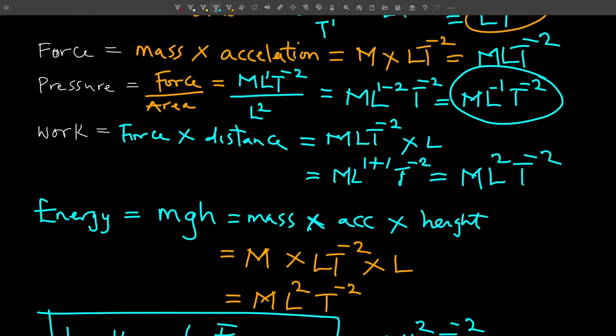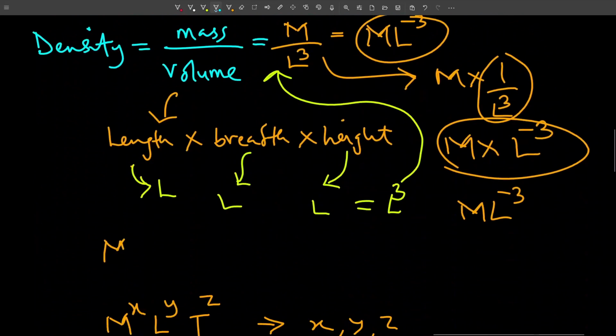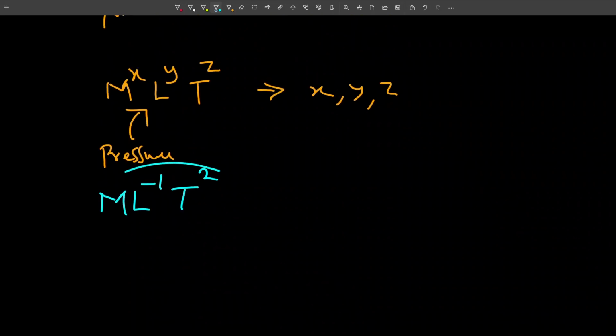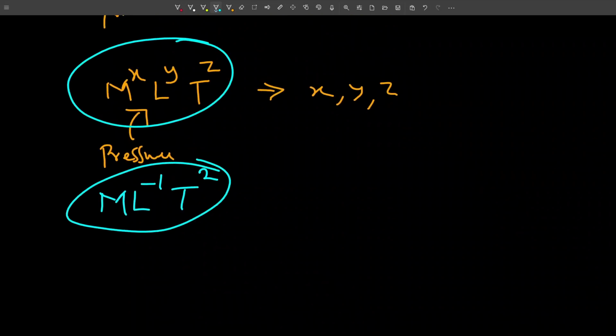Pressure. We got the dimension of pressure to be M L raised by minus 1, T raised by minus 2. Now comparing this to this, comparing their powers, you can see that x is equal to the power of M, which is 1, y is equal to the power of L, which is minus 1, and z is equal to the power of T, which is what?